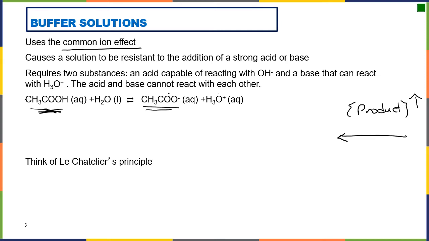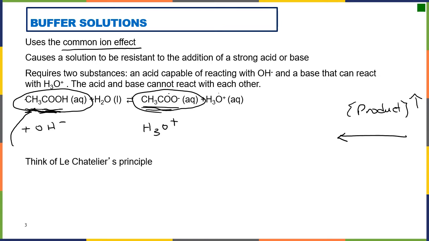But we're going to discover that this is going to allow us to have a buffer. Why are we going to have a buffer? Because in the solution, we've got a weak acid and we have a weak base. Weak acids react with bases. So if I add some OH minus, it's going to react with acetic acid. If I add some H3O plus, it is going to react with the acetate. Now, the cool thing about this is that it's going to interconvert them.